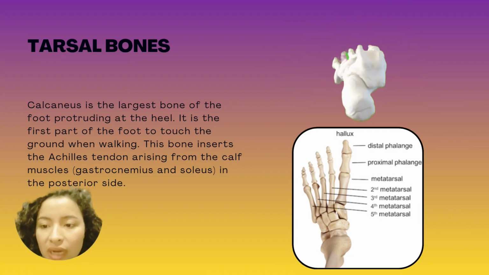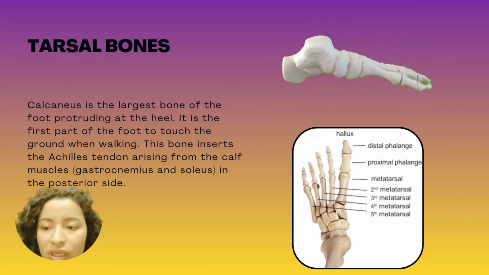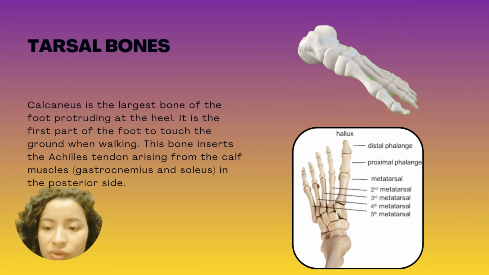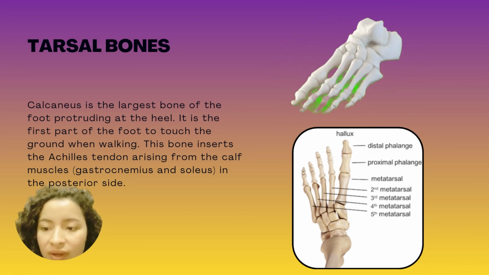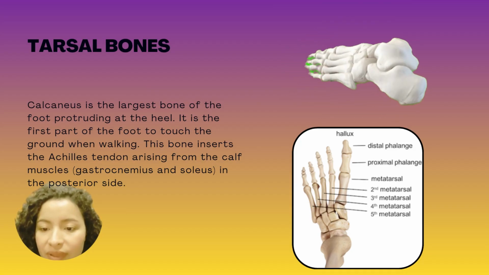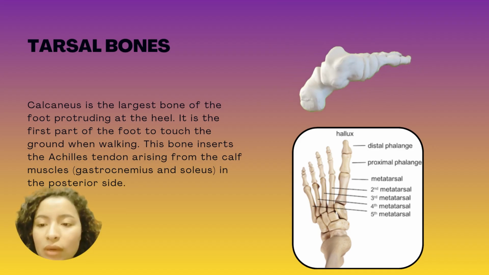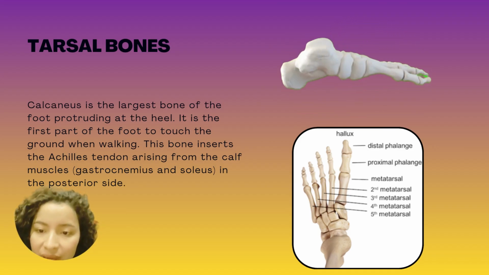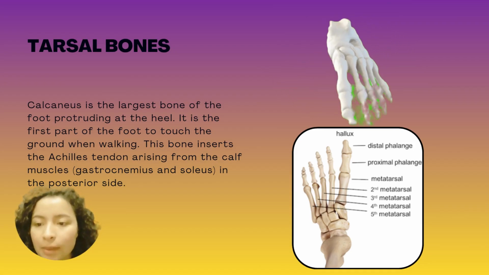Multiple articulations are present at the talus, with the calcaneus, lateral and medial malleoli, and navicular bone. The talus comprises the head, neck, body, and two lateral processes.